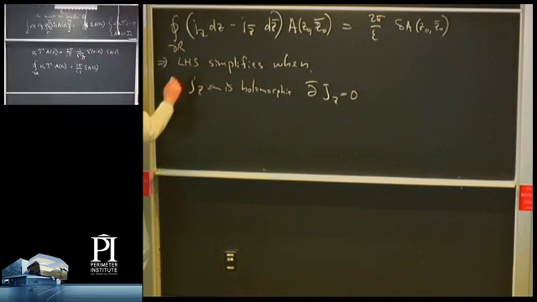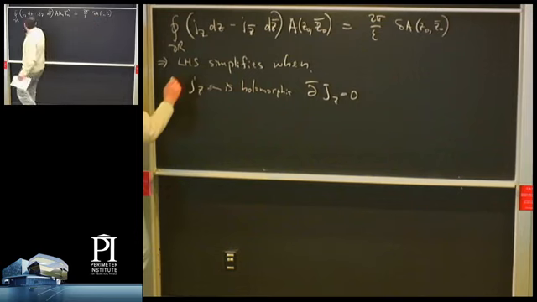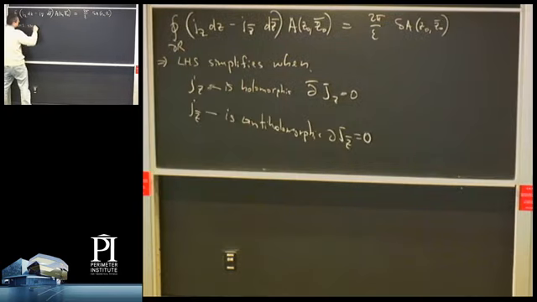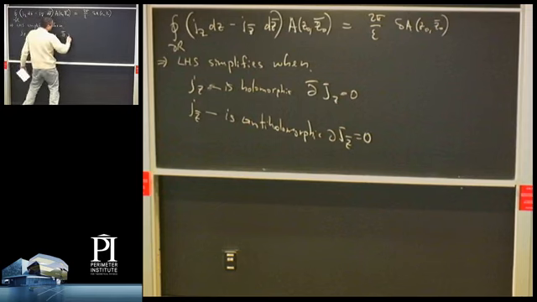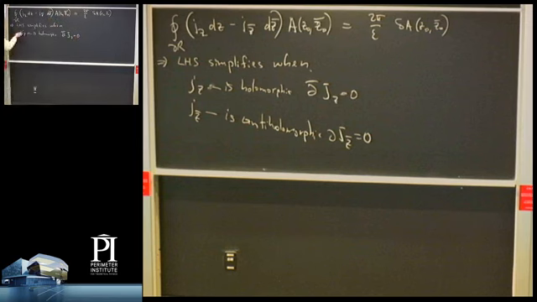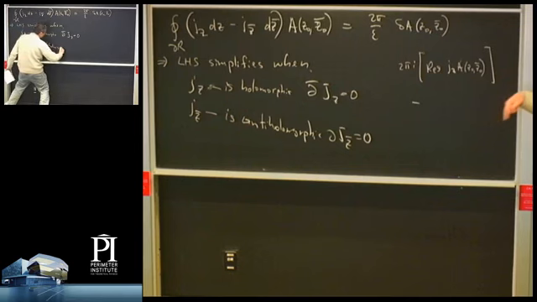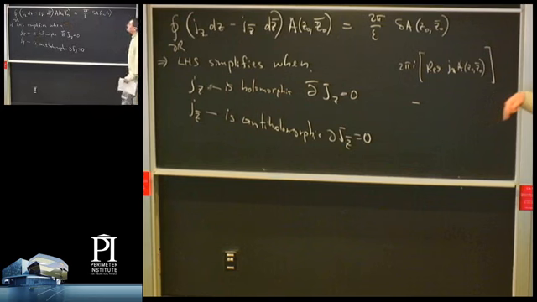The thing that allows a simplification on the left-hand side is when j_z is holomorphic, meaning that del bar of j_z equals 0, and correspondingly j_z̄ is anti-holomorphic, meaning that del of j_z̄ equals 0.